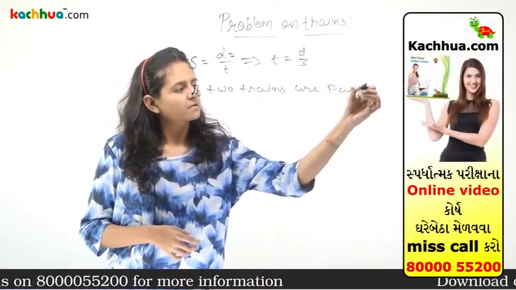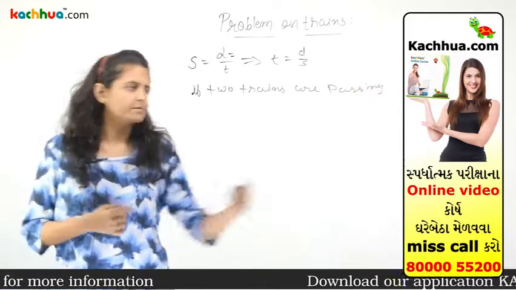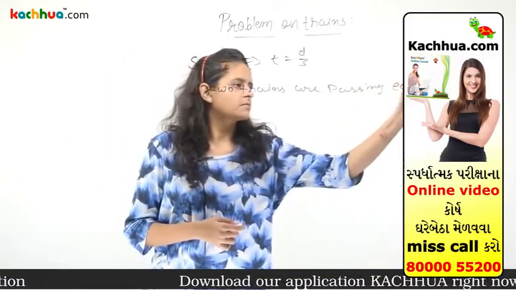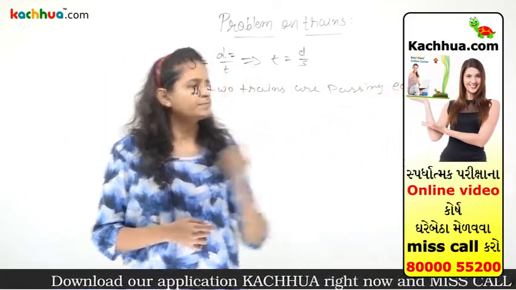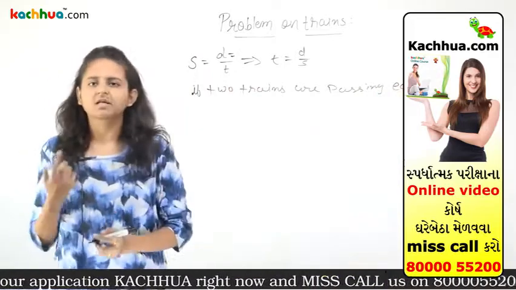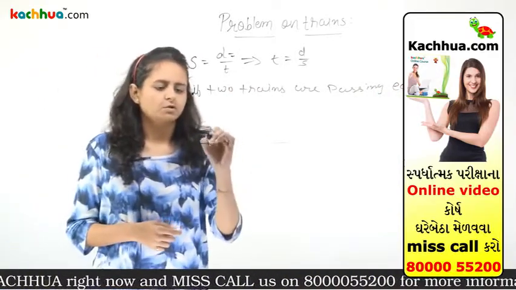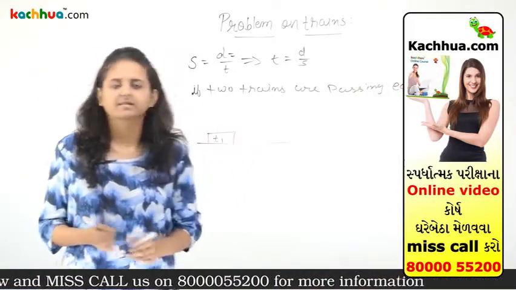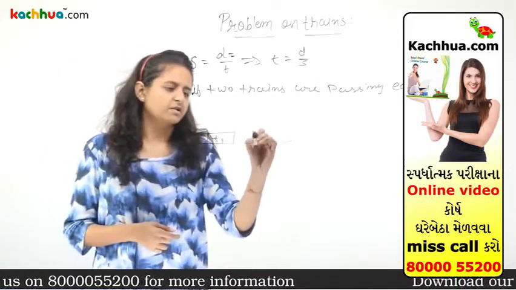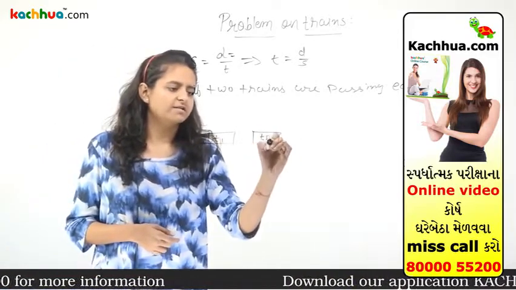are passing each other. So the train number 1, that is TR1, and train number 2, I'll write TR2.